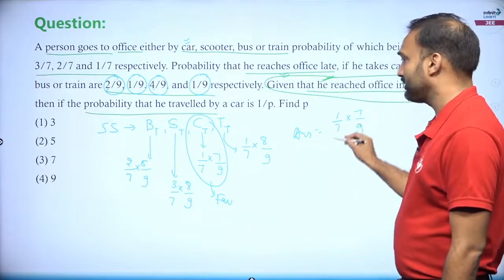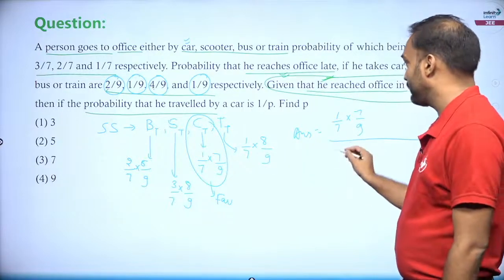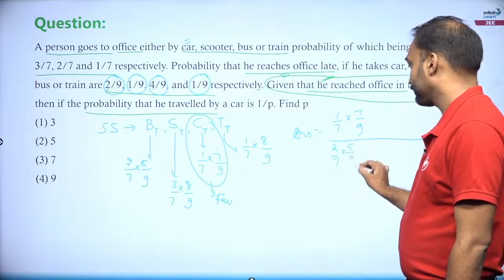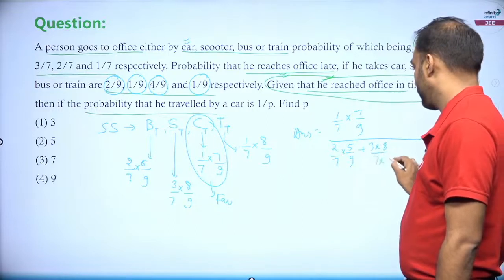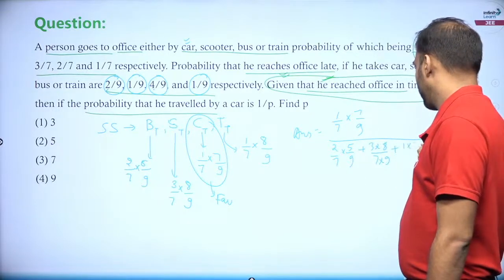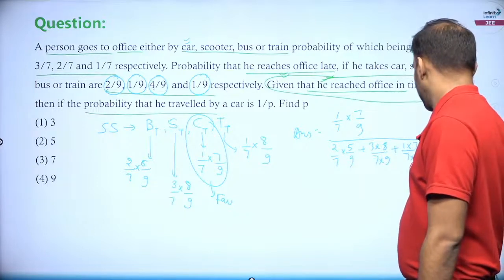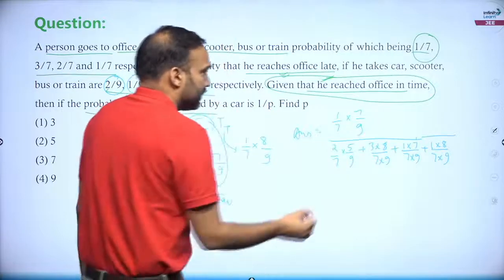I am not cancelling 7 because everything will have 7 into 9. So I will cancel all of them together. Denominator would be sum of all of them. Right? This would be the probability.